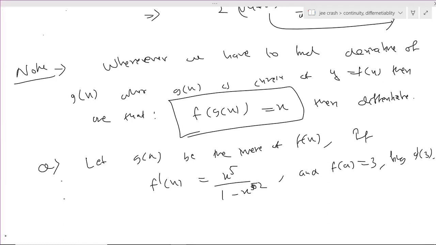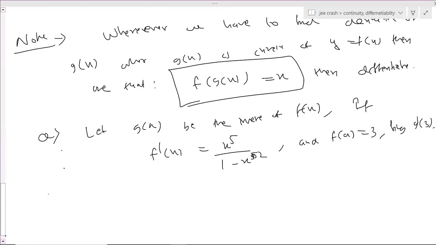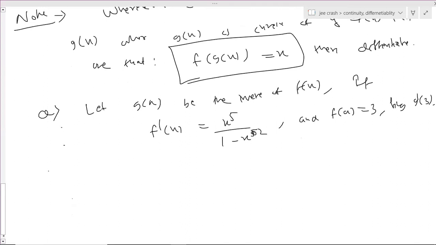So again, here they have given you g of x is the inverse of f of x, and they have given the differentiation of f of x, and they are asking for g dash.